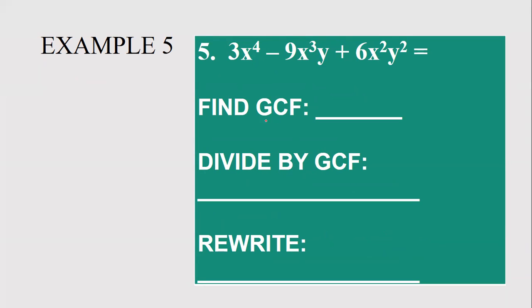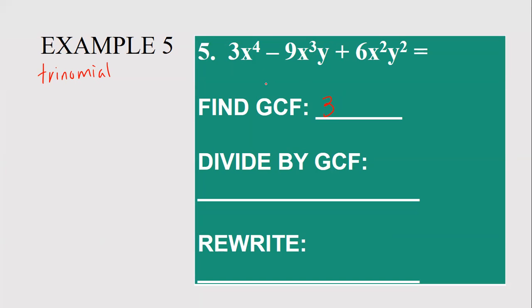Next, we have another trinomial. Why is it a trinomial? It has 3 expressions being added or subtracted together, right? So we're going to start with the numbers. Looking at the numbers, what is their greatest common factor? 3. Now we're going to look at the variables.